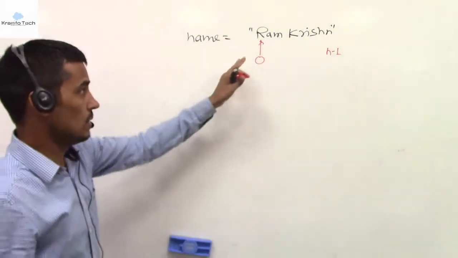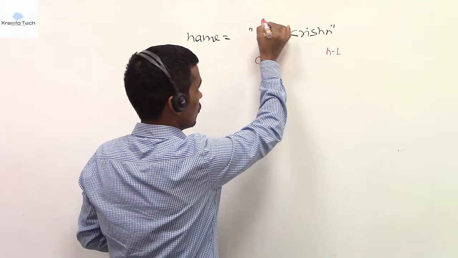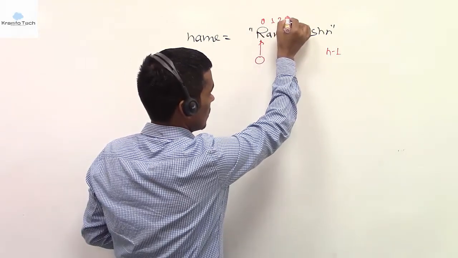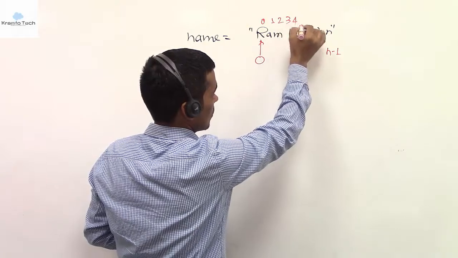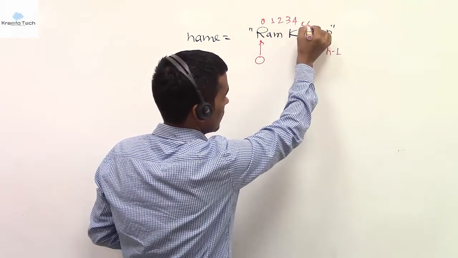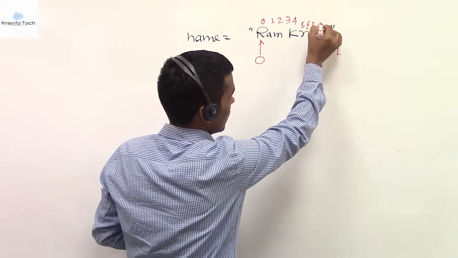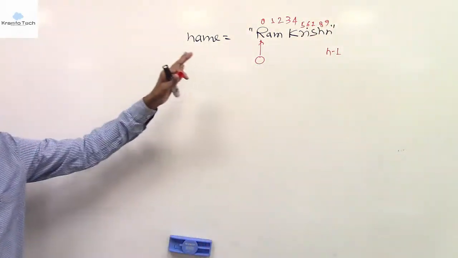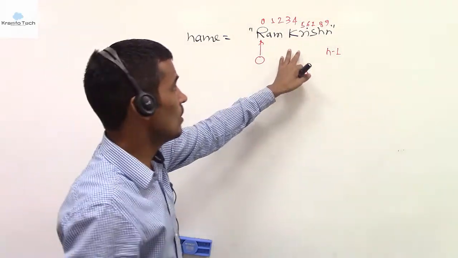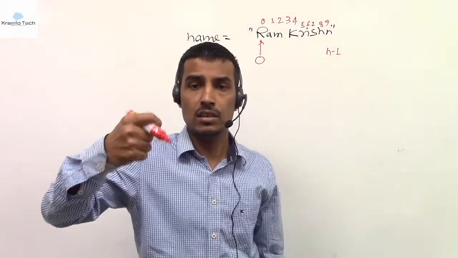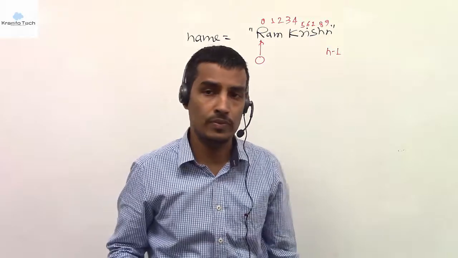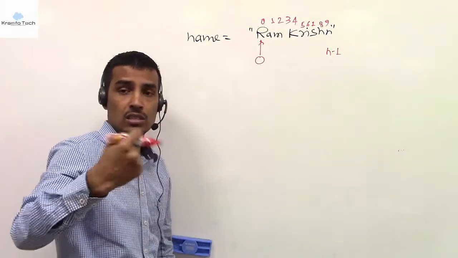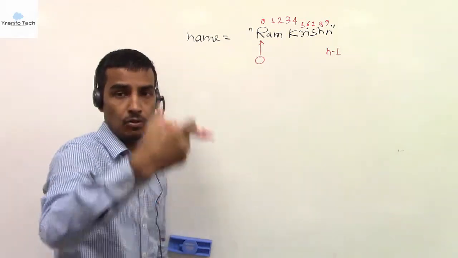Let's take the example: R will come at 0, A at 1, M at 2, space at 3, K at 4, R at 5, I at 6, S at 7, H at 8, and N at 9. So this is the index value. These index values represent each character stored in a particular location. This index value helps us extract a single character from a particular position.